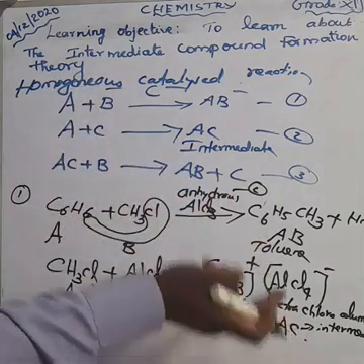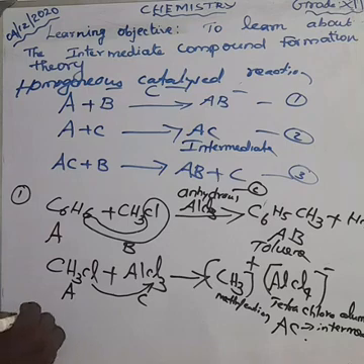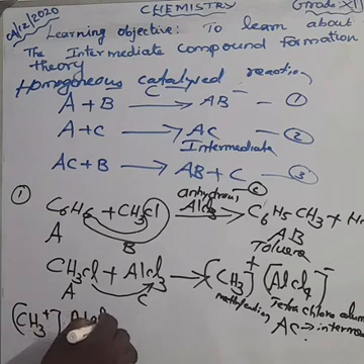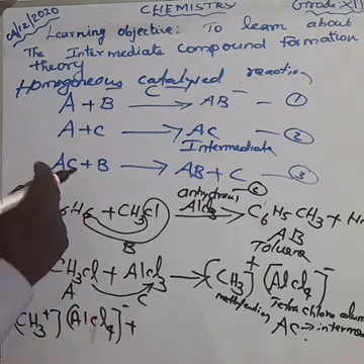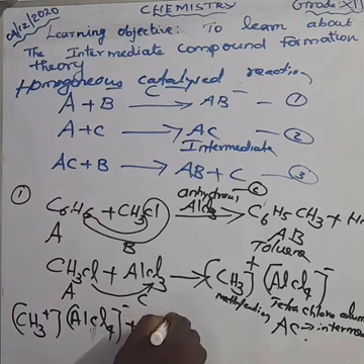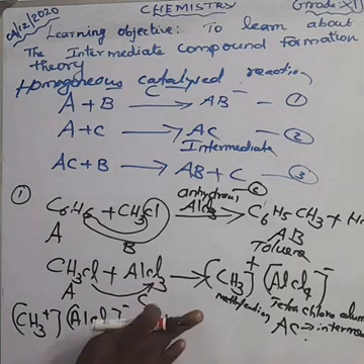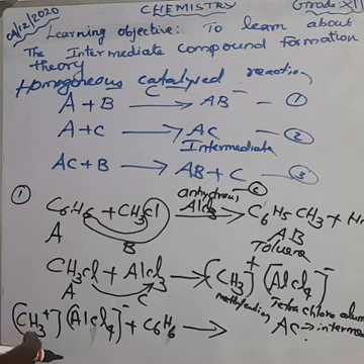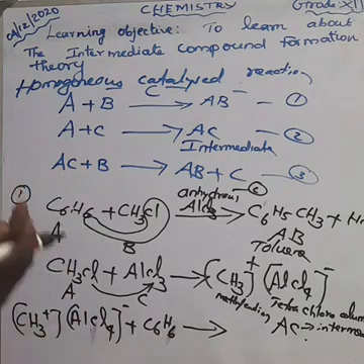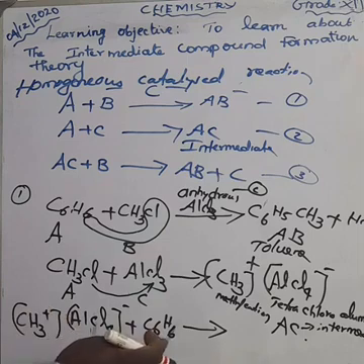This intermediate reacts with the other reactant: CH3+ AlCl4- plus benzene, C6H6. The methyl cation combines with benzene, and one of the hydrogens leaves, am I right?